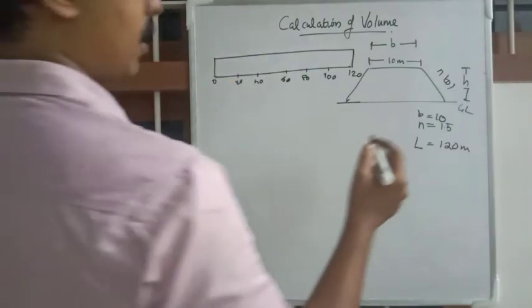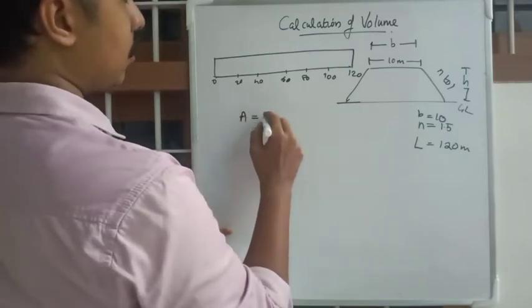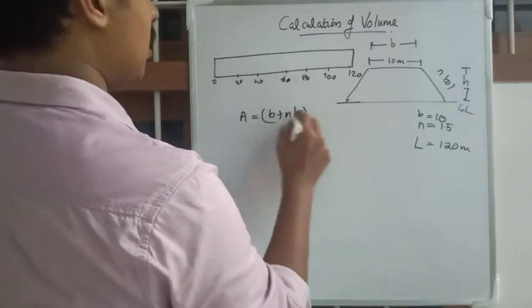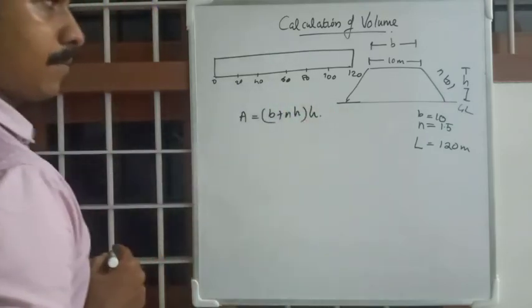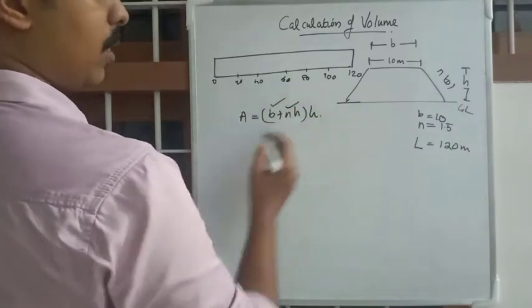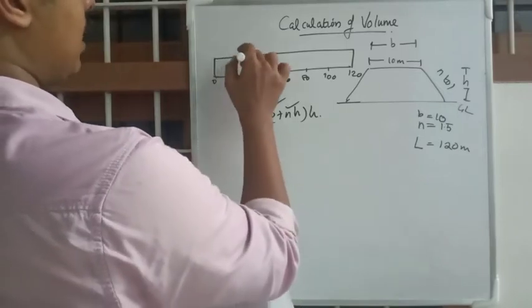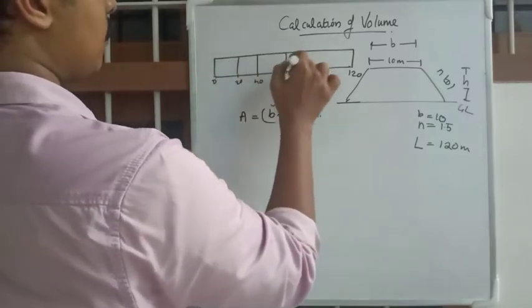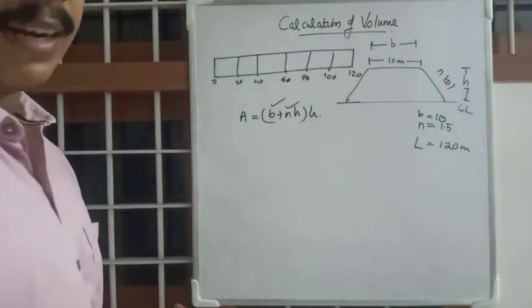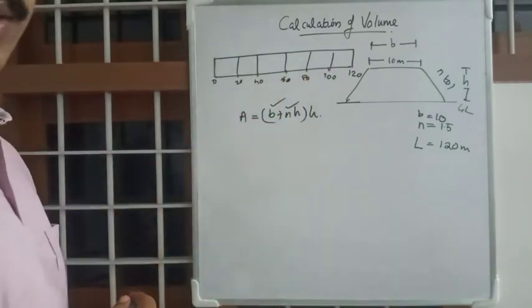For calculation of area, the cross-sectional area is equal to B plus NH into H. In that we have B and N, the only one we do not have is H, and that is different for each section of the railway embankment with constant interval 20 meters.